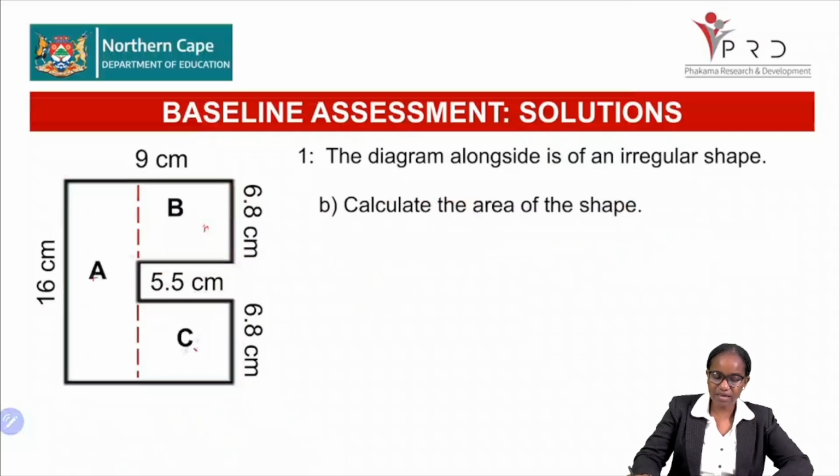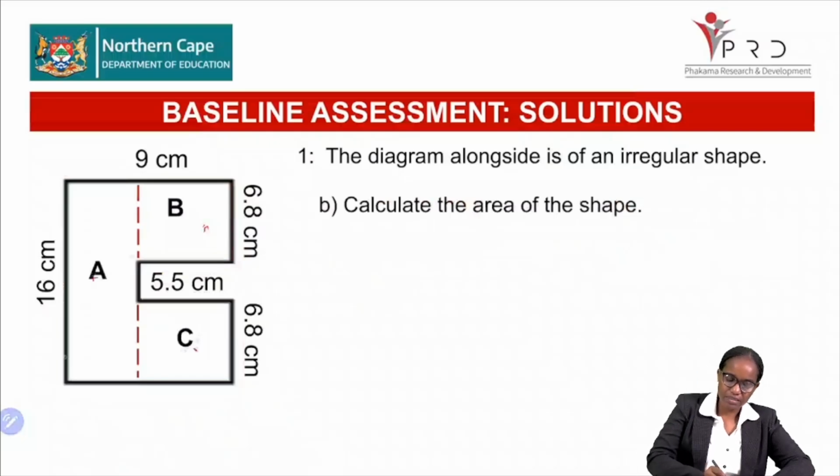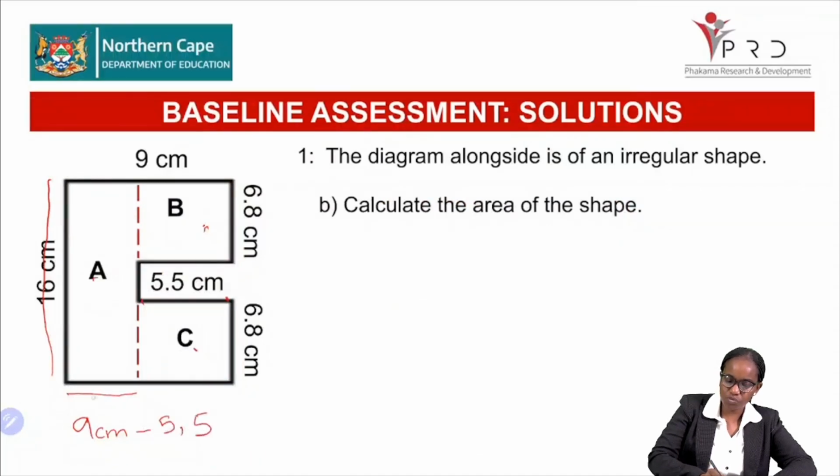So what is the area of A? This will be 16. And the width, how do we find the width? The width will be 9 centimeters minus the 5,5. This will give us the width for A.